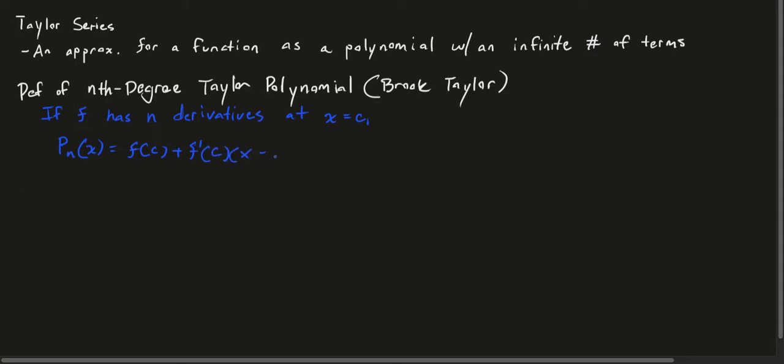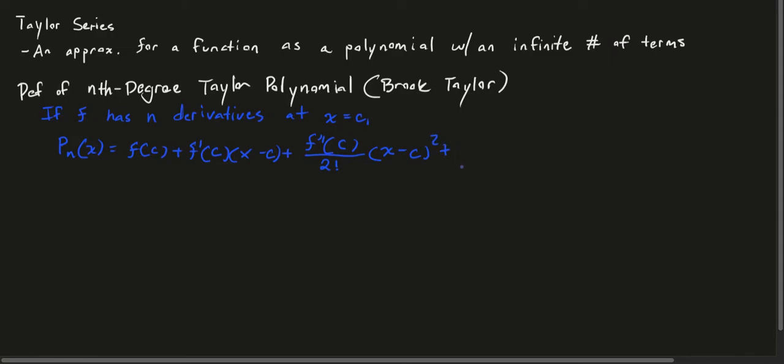times x minus c, and then we'll see that there's also f double prime of c over 2 factorial times x minus c squared.